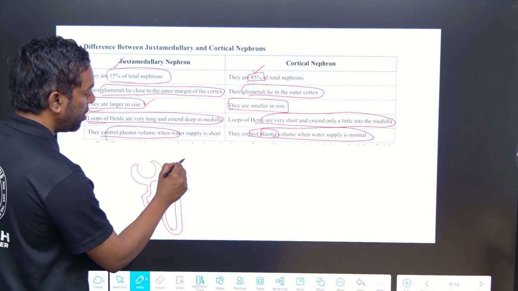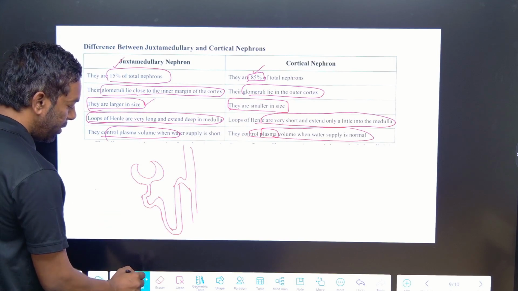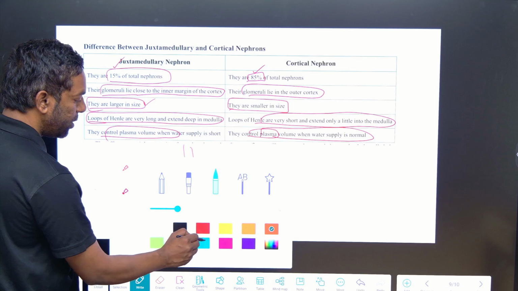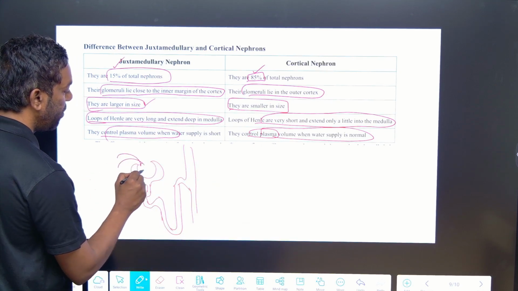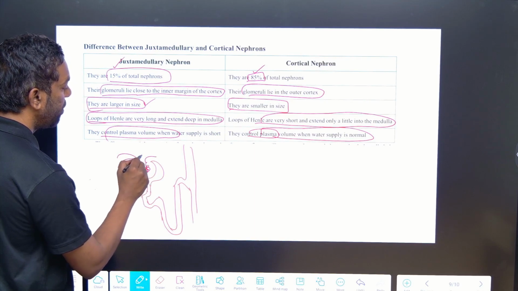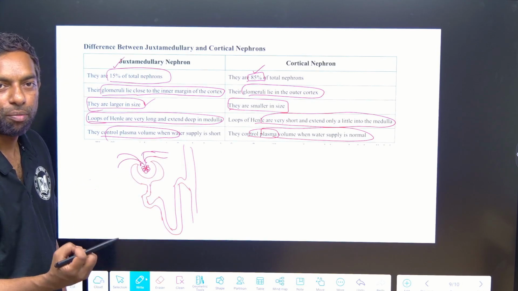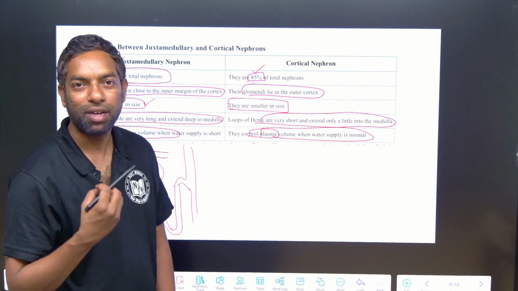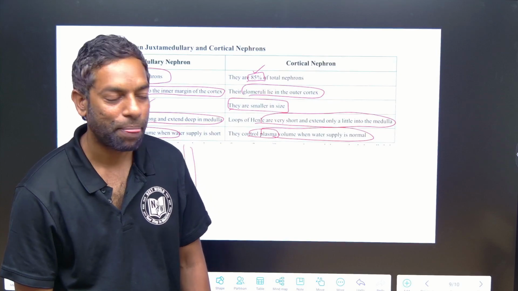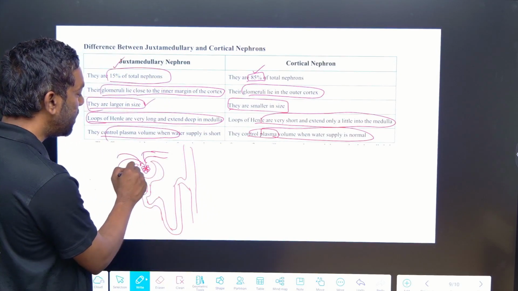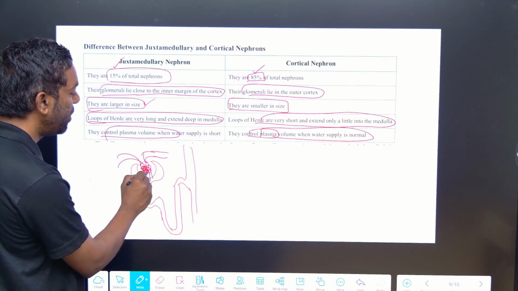The efferent arteriole comes out of the glomerulus. The prime function of an arteriole is to carry blood to the tissue capillary, but here the glomerulus is for filtration only.